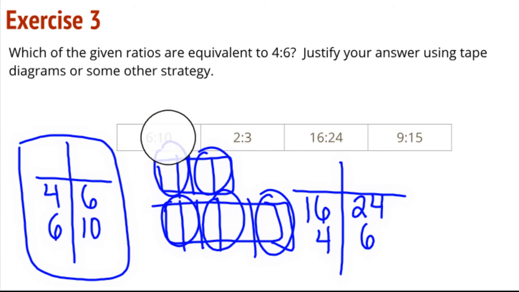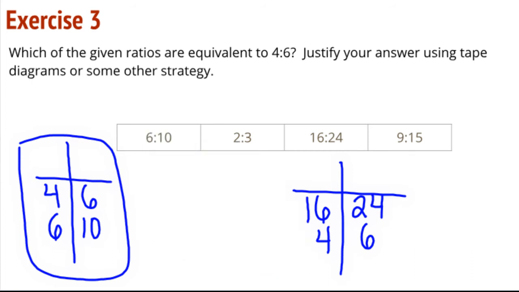So the question is, if I have 16 of something, how am I going to group it so that I end up with 4? If I've got 16 units and I want to get 4 groups, what do I need to do? Well, I will divide by 4 to get to 4. And if I've got 24 and I divide it by 4, do I get 6? The answer is yes, I do.